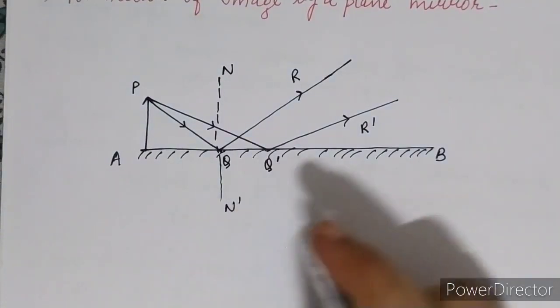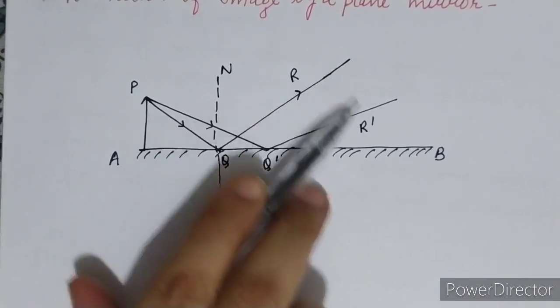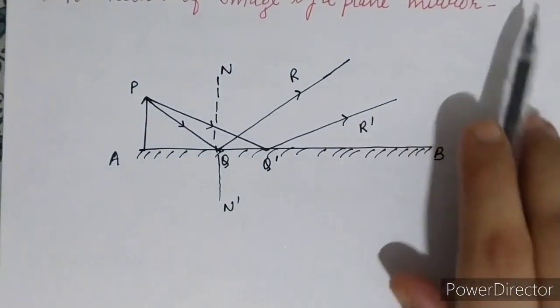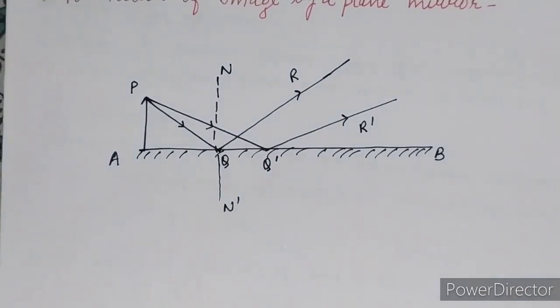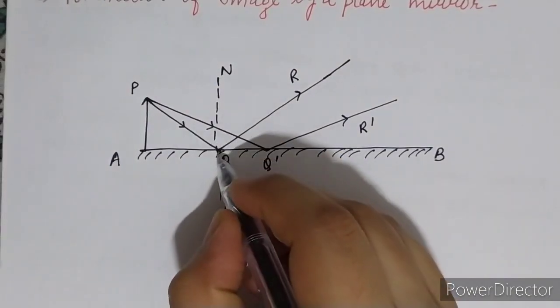Now if they are reflected back, they diverge from each other, so they will never meet, and the image is always formed where the reflected rays meet. So what we have to do is extend the lines in a backward direction.